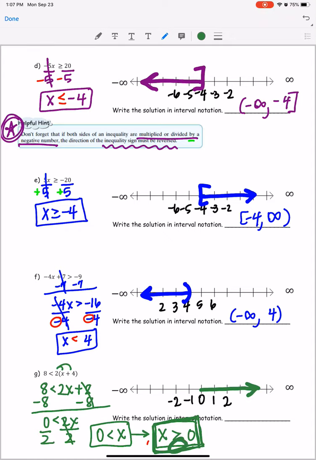And it's got nothing underneath, so we have parentheses. If you don't flip it, you're going to be shading it the wrong way according to that symbol and that arrow. So you've got to flip it over. And then interval notation, it starts at 0. And it's pointing to infinity, which always gets parentheses.